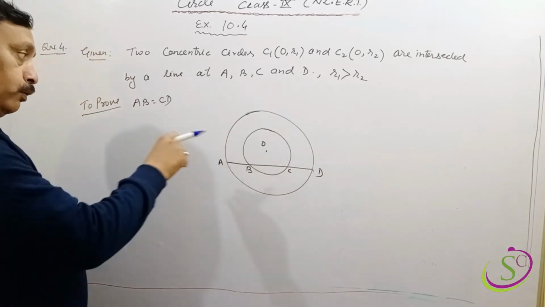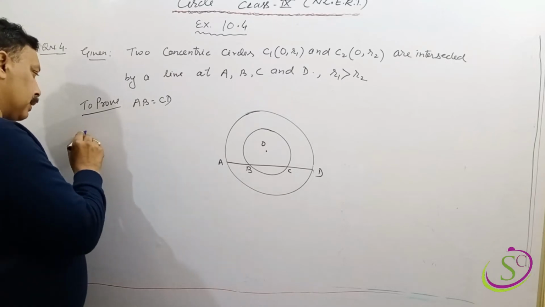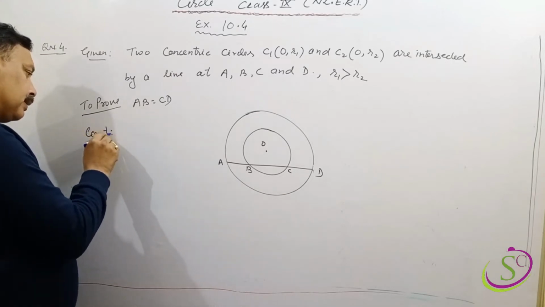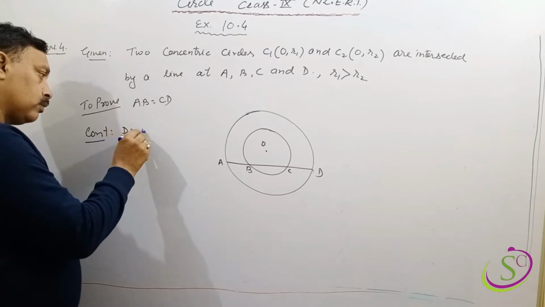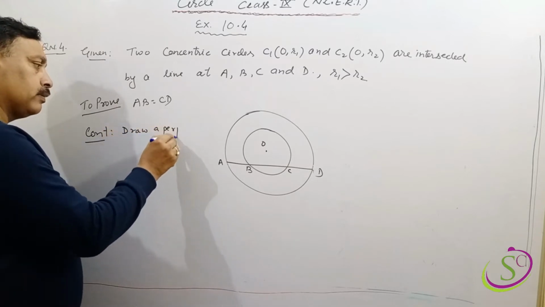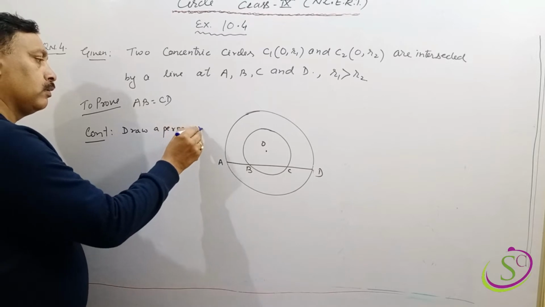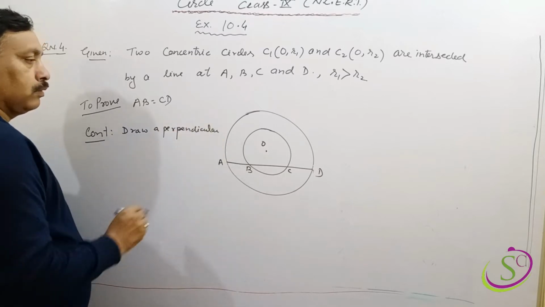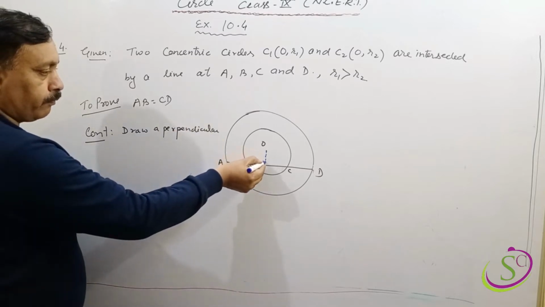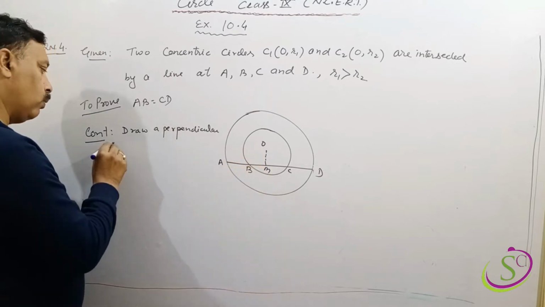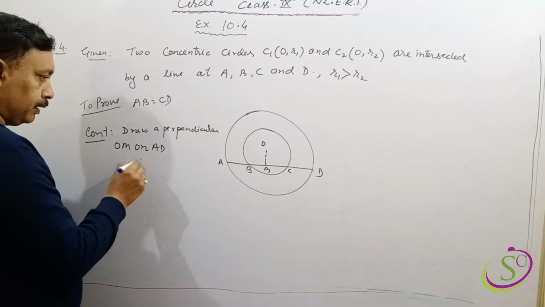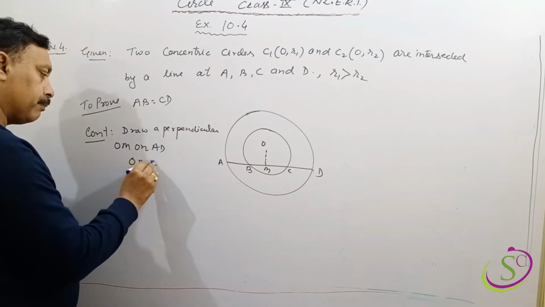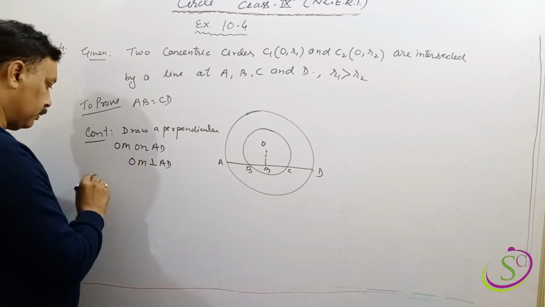Clear? So to prove this, we have to do some construction, and the construction is: draw a perpendicular OM on AB, means OM perpendicular to AB.